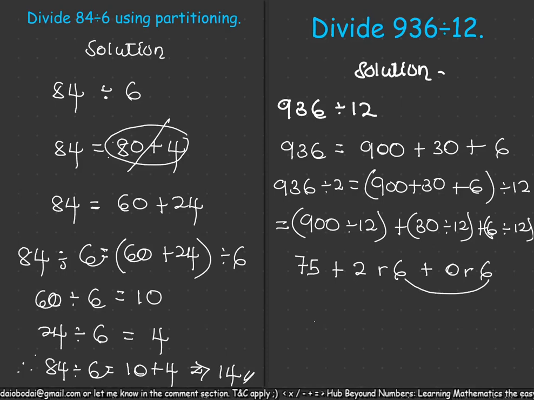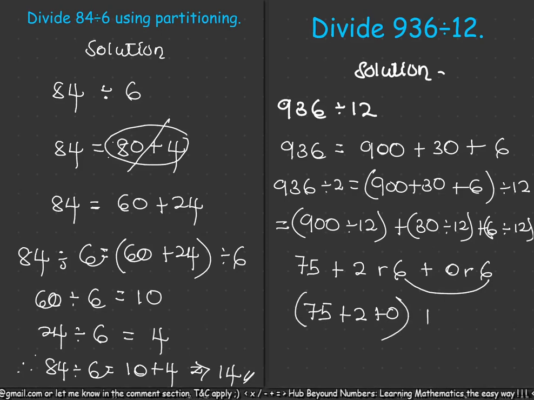So we add our whole numbers, 75 plus 2 plus 0, and then the remainders, 6 plus 6.